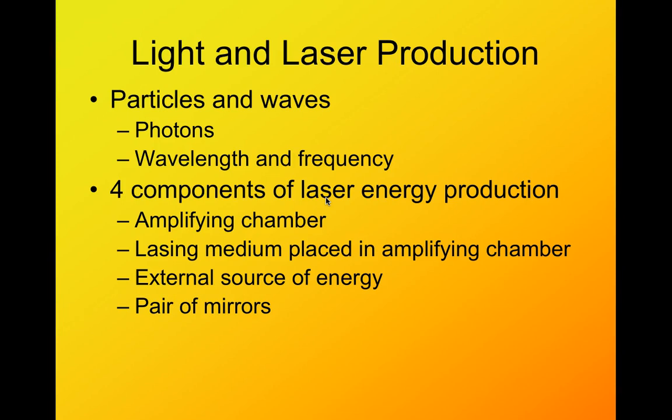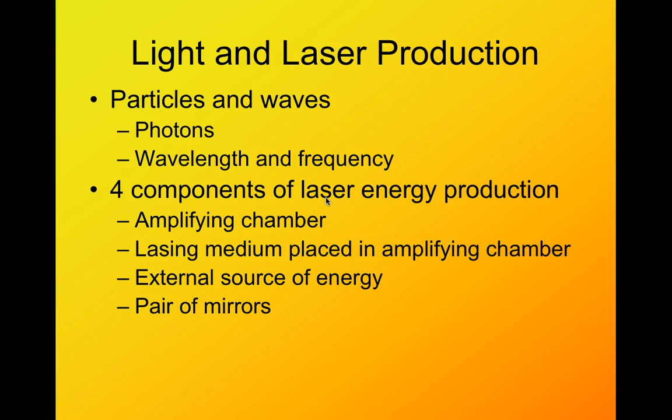A photon will strike the mirror at an angle and reflect back towards the other mirror. They continue to bounce back and forth between those two mirrors, where they stimulate more of the atoms. Those atoms' electrons return to their resting state and produce more photons, and it keeps building inside. This is what we call the cascade effect.